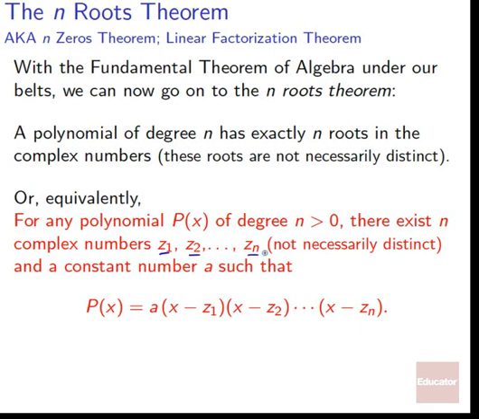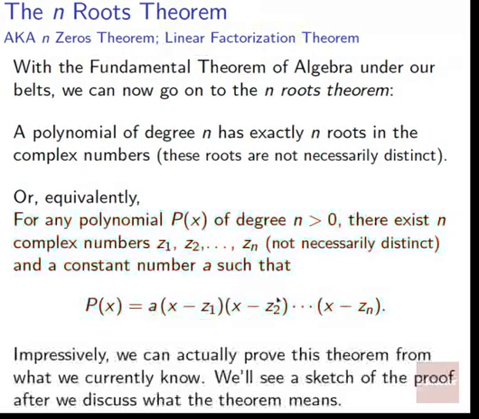And a constant number a, such that the polynomial is equal to a times the factor x minus z1 times the factor x minus z2 times up to the factor x minus zn. That is a way of saying that we can break it into a bunch of linear factors, right? Since x minus just some number is a linear factor, we can break any polynomial into n linear factors.